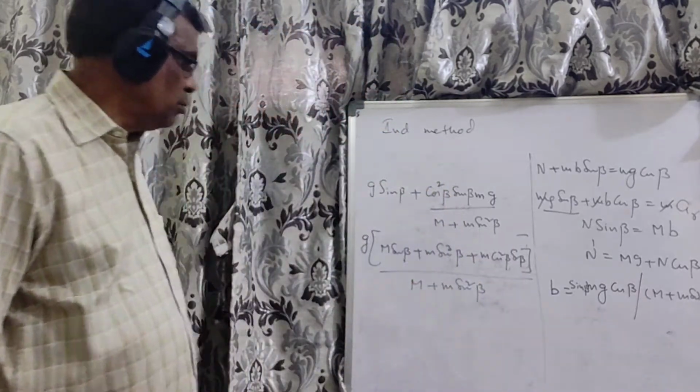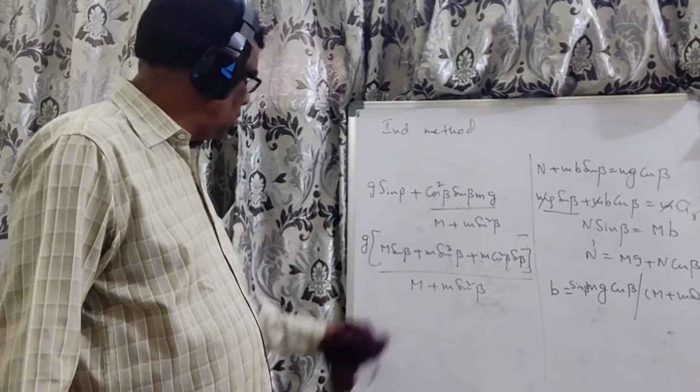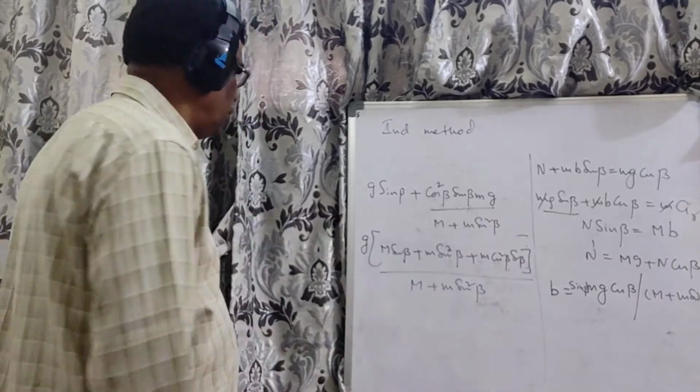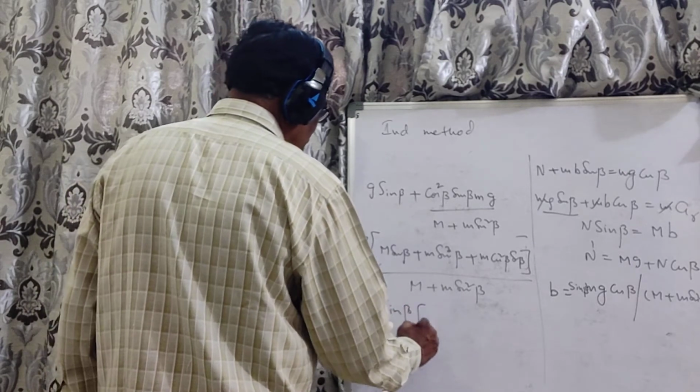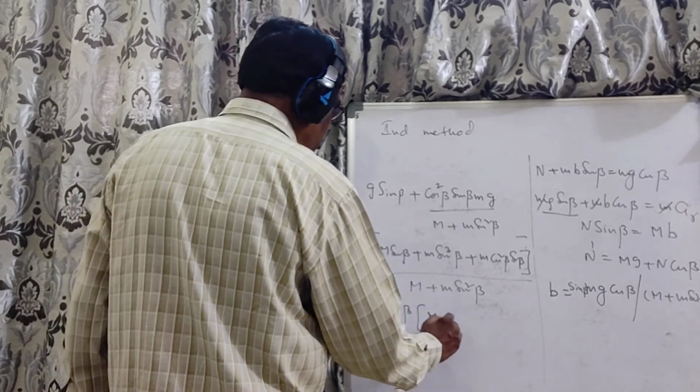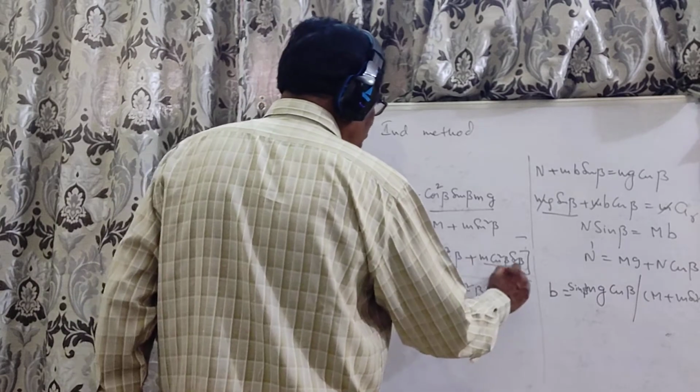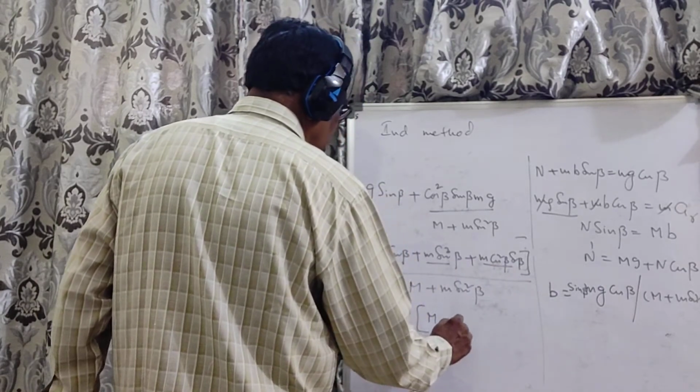Now you better simplify it further. If you see, one sin beta is common everywhere. So g sin beta, you get m plus m sin square plus m cos square.